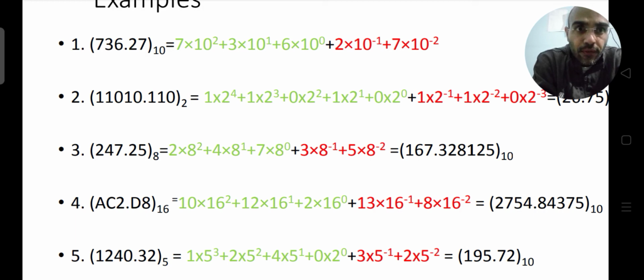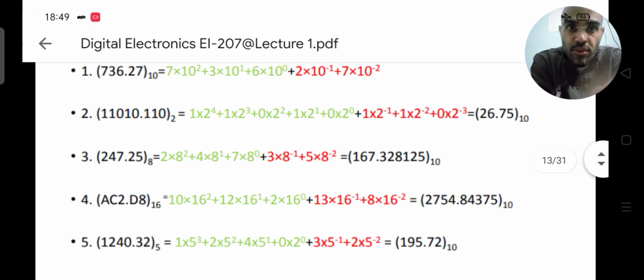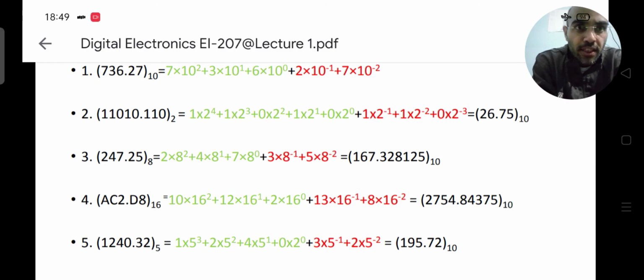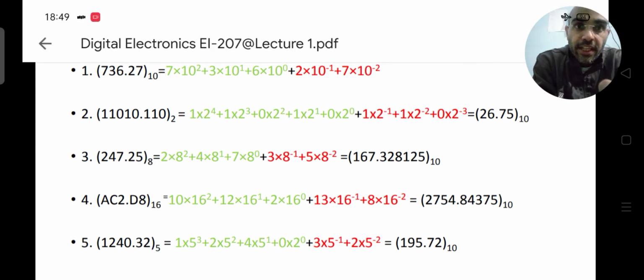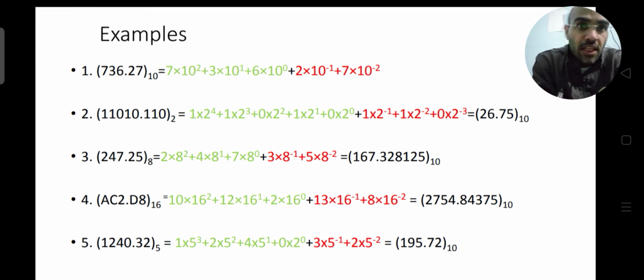Now if we keep on doing this, the next place is 0. So in the number you can see it is 0 there. So we take 0 and multiply that with 2 to the power 2. Later on we do the same with the other digits, the other bits on the integral side before the point.